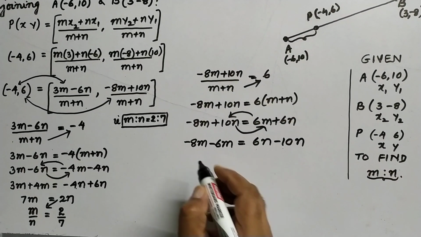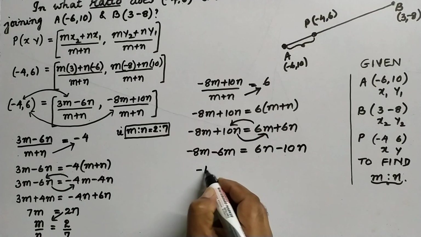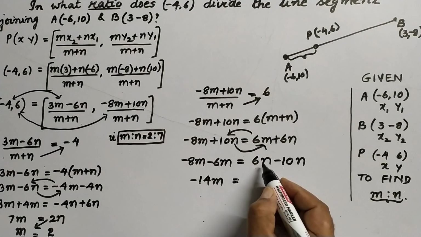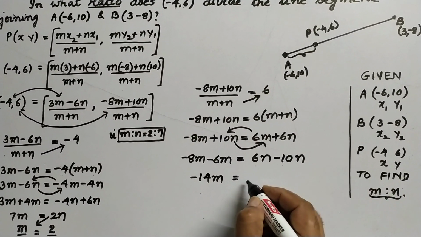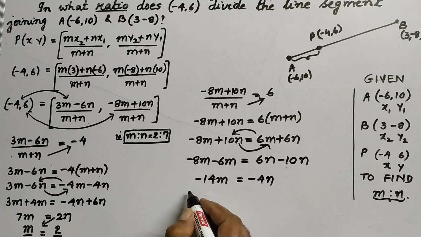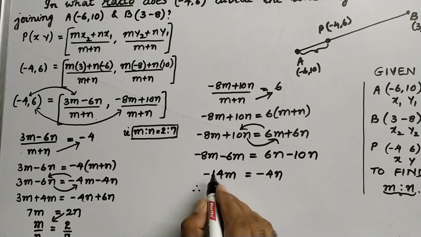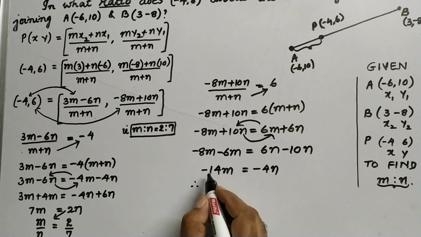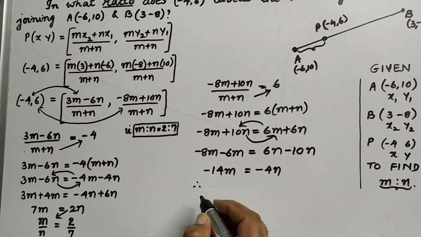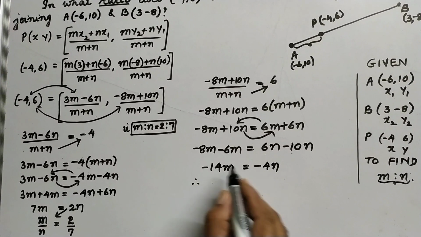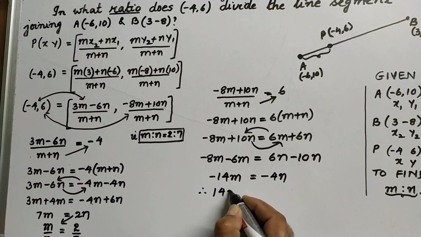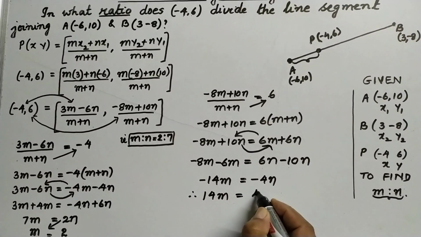Minus 8m minus 6m is minus 14m, equal to 6n minus 10n, which is minus 4n. Therefore, on both sides, if we multiply by minus 1, or change the sign on both sides, we get 14m is equal to 4n.